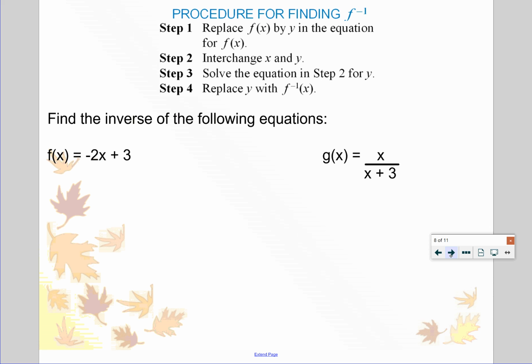Then we're going to solve for y, like we usually do if we have a y in our equation. And at the very end, we're going to put back in our function notation.